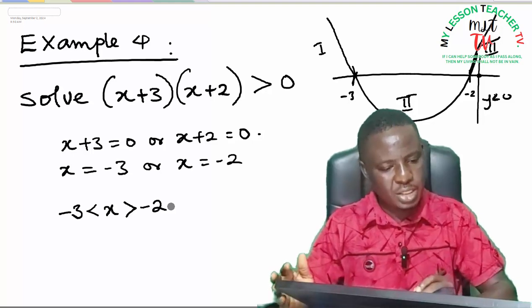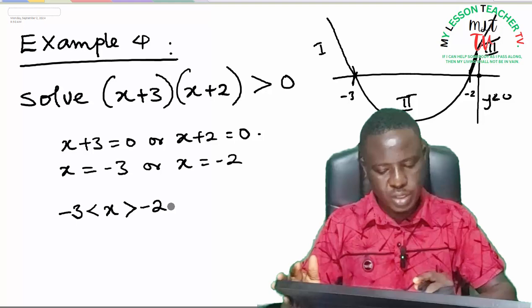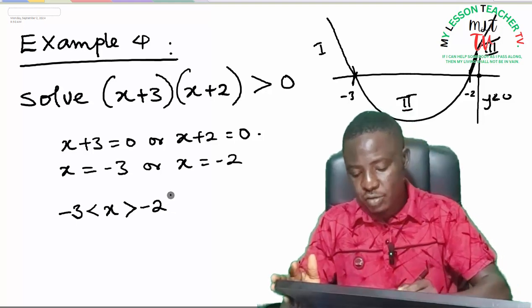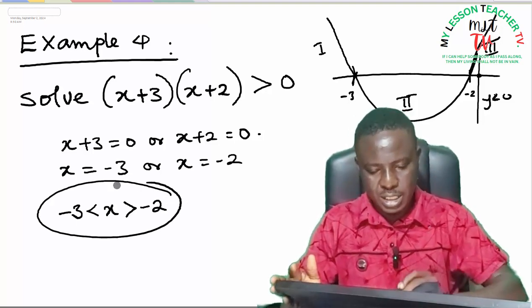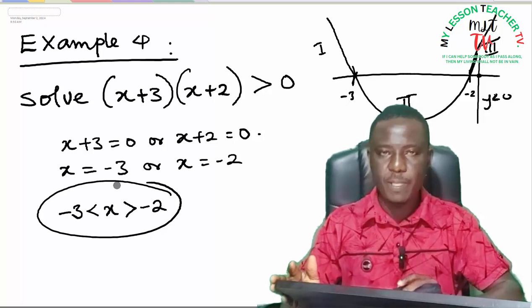So it is at this region that we get the solution to this inequality, region 1 and region 3.